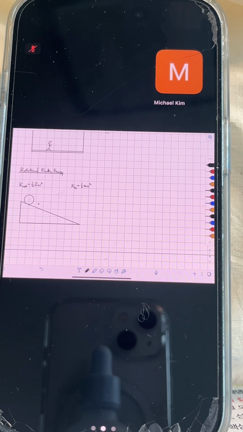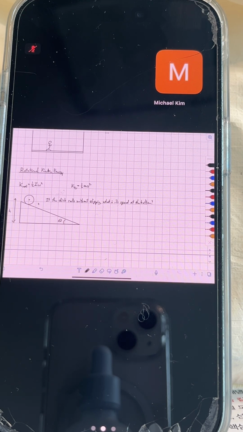We said, if the disk rolls without slipping, what is its speed at the bottom? We would look at whatever this initial height is, and here again, we had some angle theta.